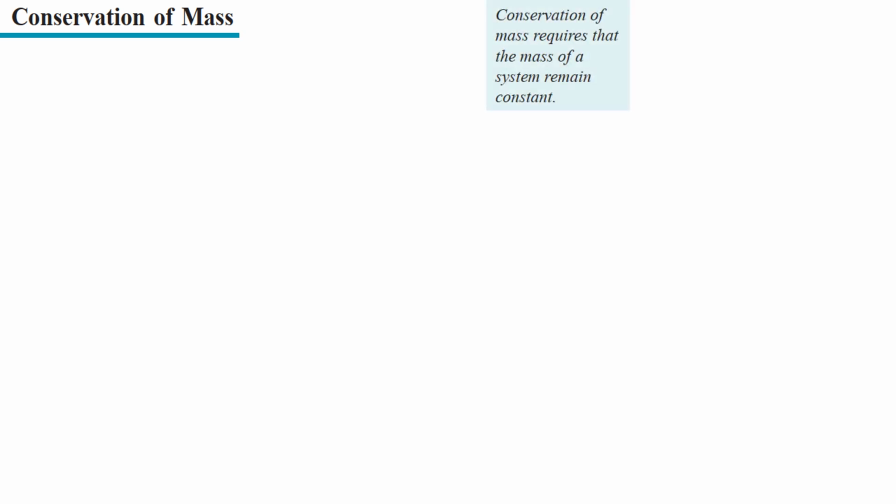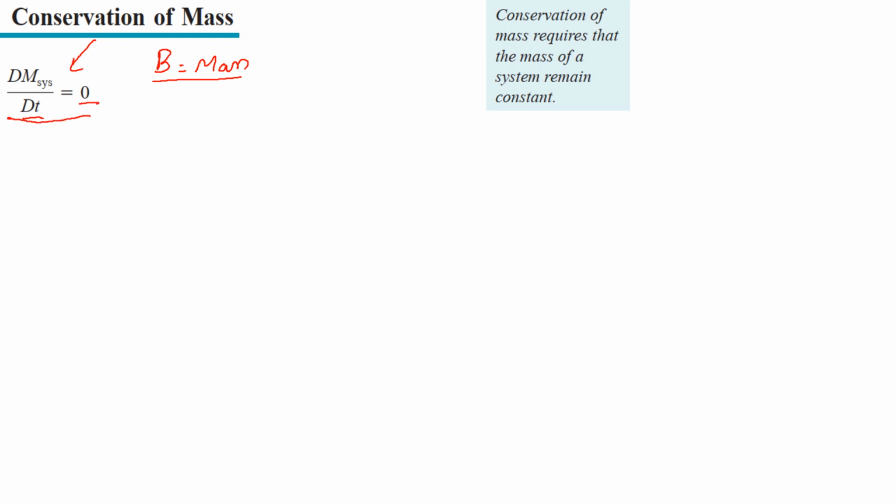Conservation of mass requires that the mass of a system remains constant. In terms of the Reynolds transport theorem, we took our extensive property B to be mass, and said that for the conservation of mass principle, the total change in the mass of the system must be equal to 0. This was the left hand side.